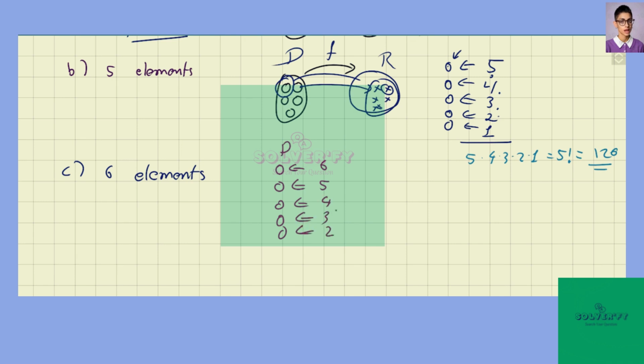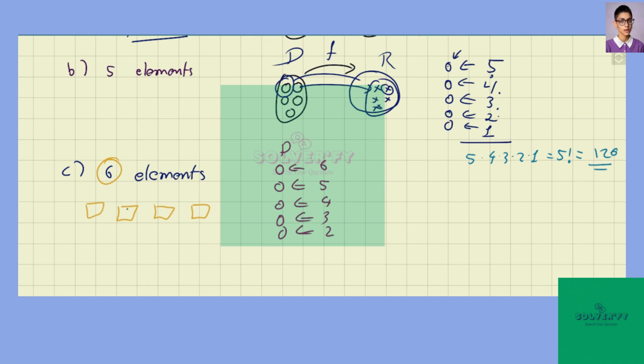You can think of calculating how many functions there are as similar to locating 6 elements, for example balls or any element, in boxes, or holes, it is the same analogy.